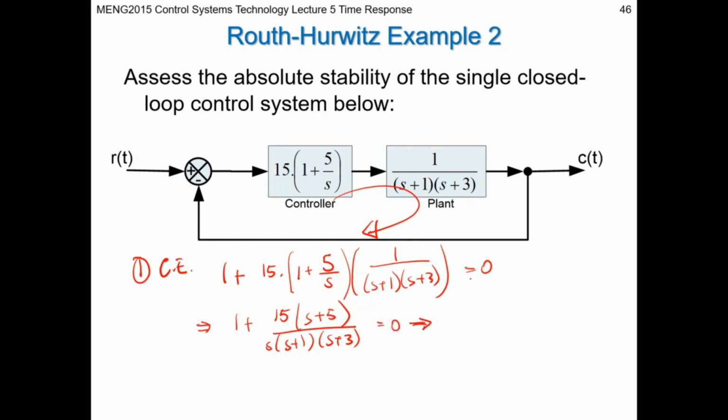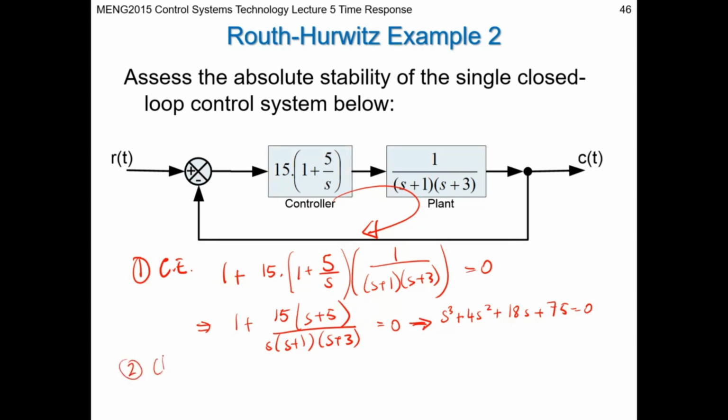So if we form our polynomial now by multiplying throughout by the denominator, then we're going to get s cubed plus 4s squared plus 18s plus 75 equals 0.